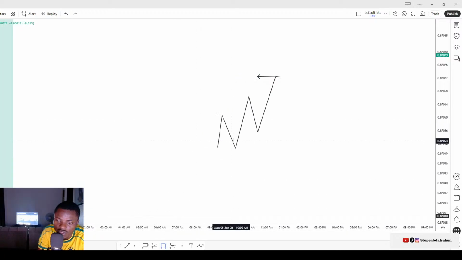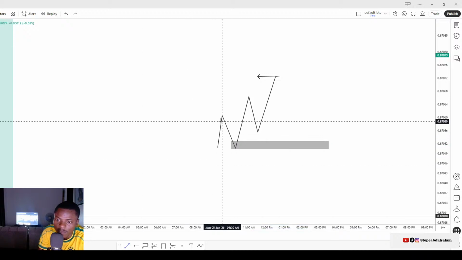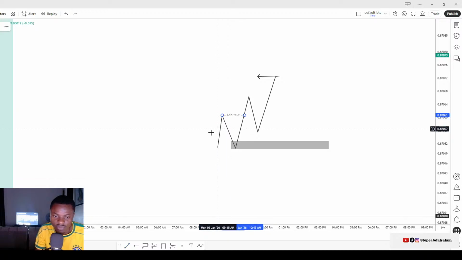We have the point of interest that was responsible for breaking this structure right here. The point of interest that was responsible for breaking this structure, we have a break of structure.